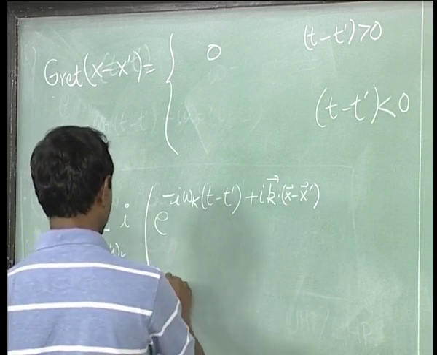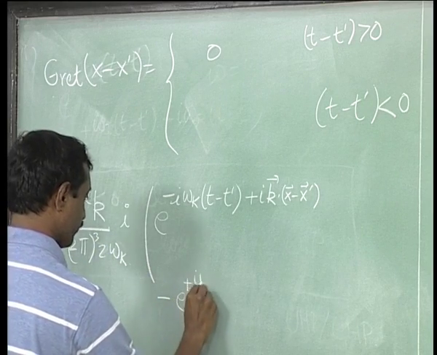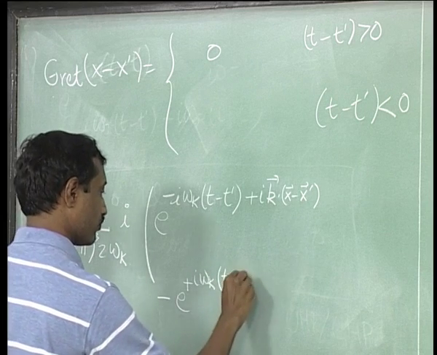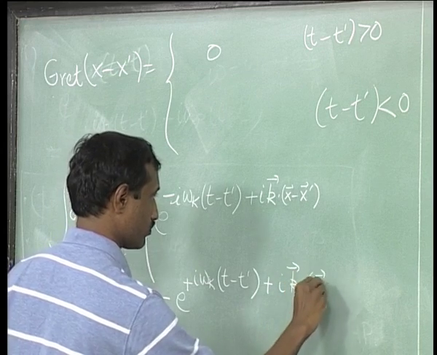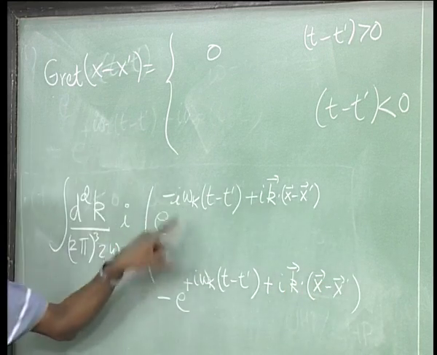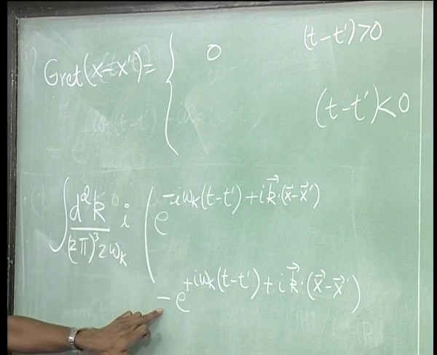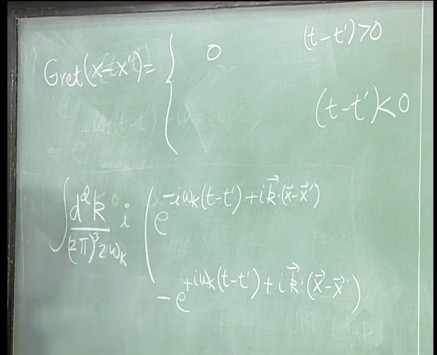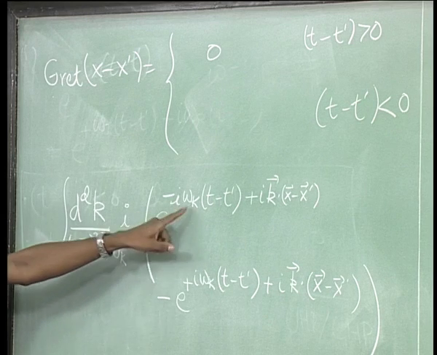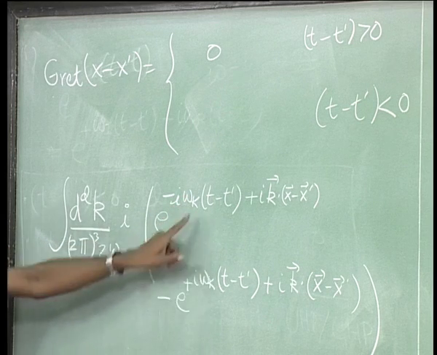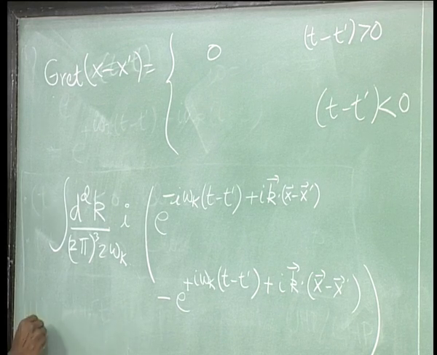Okay, and the next term: this sign flip comes because the residue is here, it is minus omega k. So there is a minus sign, and that is it. But life is good, there is an i out here, there is a 2 out here. So you can see that the time dependent part becomes a sine of omega k t. Okay.